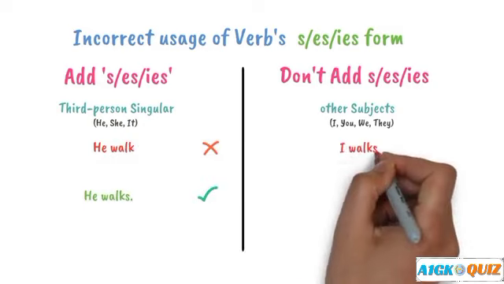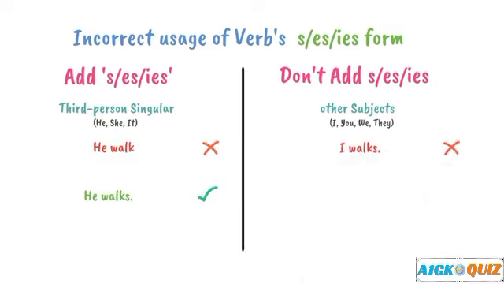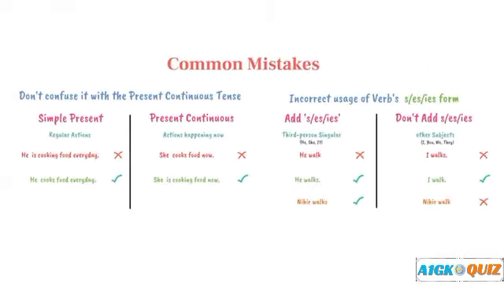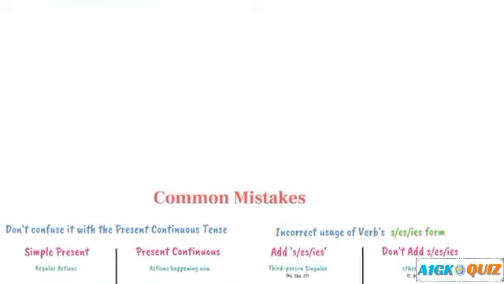Similarly, I walks is incorrect, while I walk is correct. Now, let me ask you one question. Is Nihir walk correct or Nihir walks correct? Nihir walks is correct because Nihir comes under third person singular subject. So we need to avoid these common mistakes.